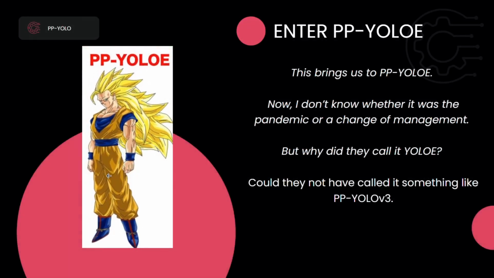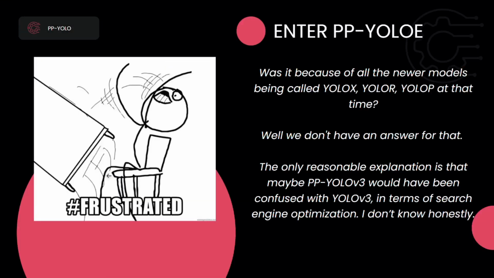Now enter PP-YOLOE, which is the third and final version of PP-YOLO. Now, I don't know whether it was the pandemic or the change of management, but why did they call it YOLOE? Couldn't they have called it something like PP-YOLOv3? Was it because all of the newer models of YOLO were being called YOLOX, YOLOR, YOLOP?